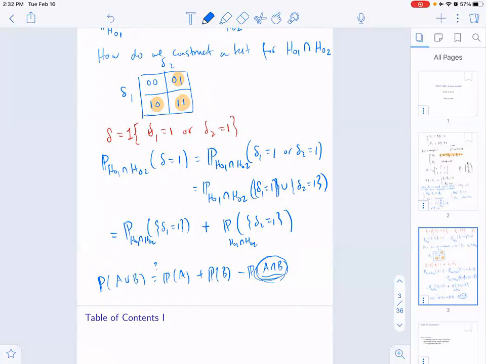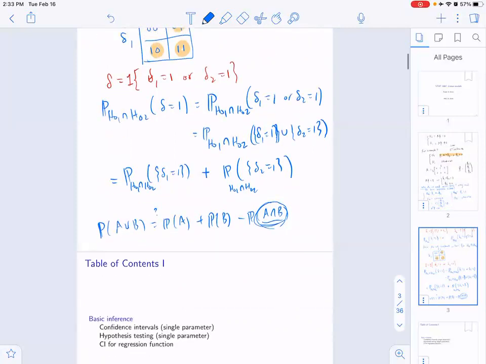Anyone remembers union bound? Have you heard about union bound? I guess not. Okay, so this is less than or equal to P(A) plus P(B). Anyone can justify that? Oh wait, there is an upper bound. Minimum. A minimum is not an upper bound.